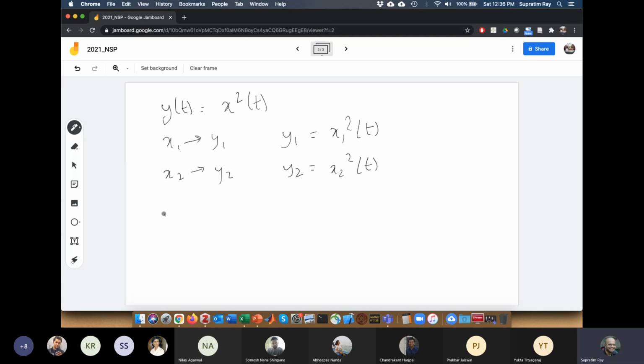But if I give a x1 plus b x2 as the input, then y3 is x3 squared, which is a squared x1 squared plus b squared x2 squared plus cross terms here, which is not, you know, your a y1 plus b y2.